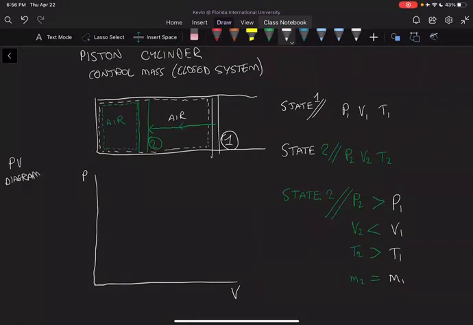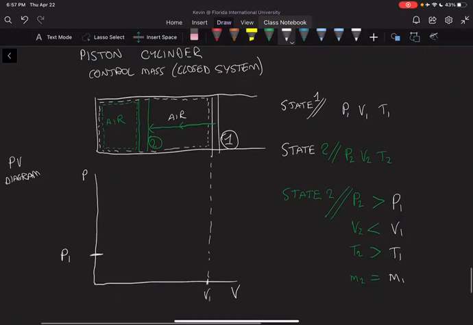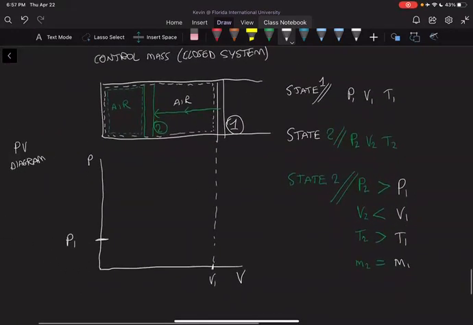And we can say that at state 1, the system has a pressure of P1. And the volume, we can actually directly write down from our diagram as V1 like this. And then we can see that V2 is directly below this line here. Okay, so that would be V2.